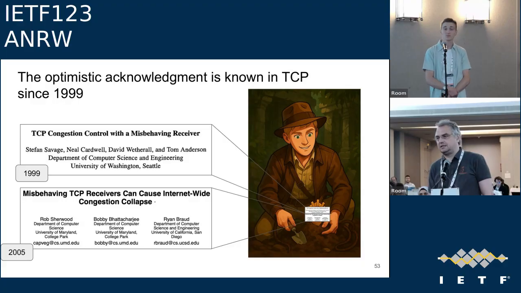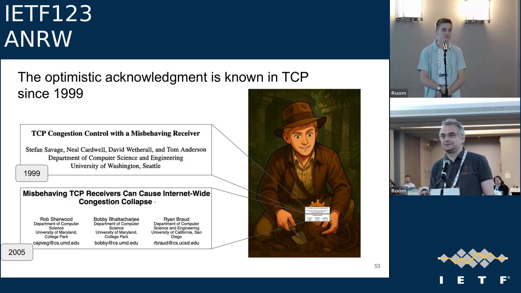I also remember that time, because I did something similar in the context of multicast. I wrote some papers on multicast with misbehaving receivers doing similar attacks. And when I was giving a talk and trying to generate excitement about it, I was even citing companies that try to sell TCP accelerators, how you can download much faster than you're supposed to by doing these tricks on the receiver side.